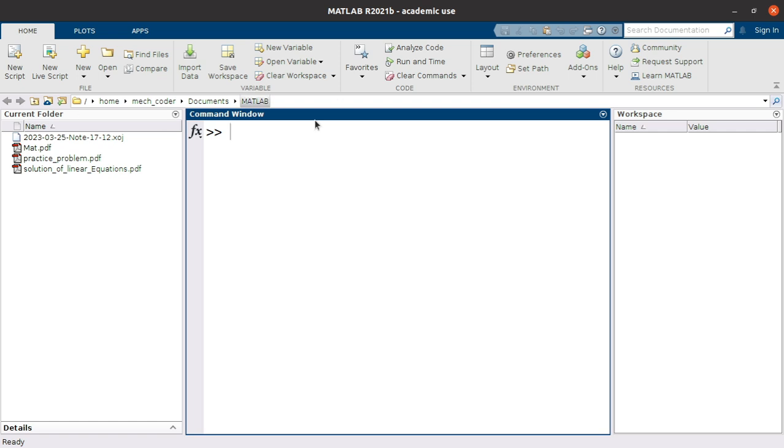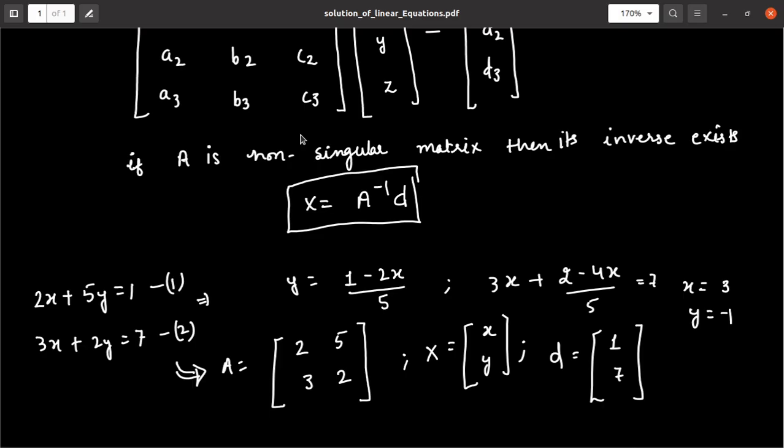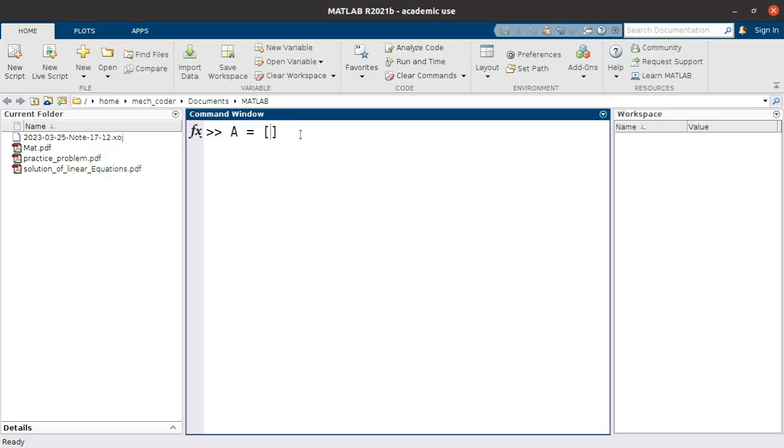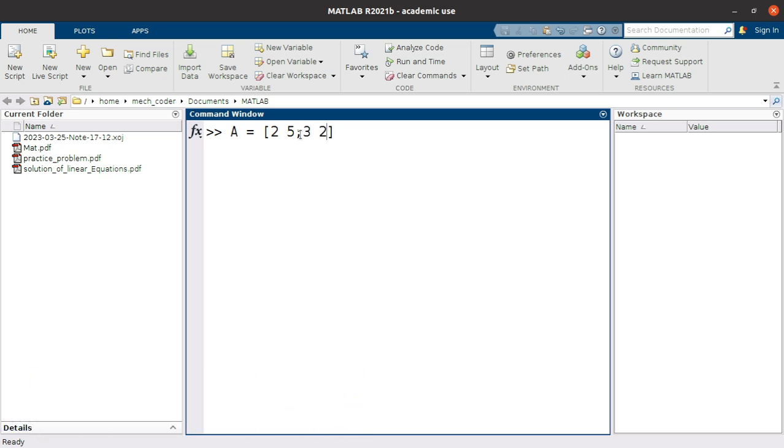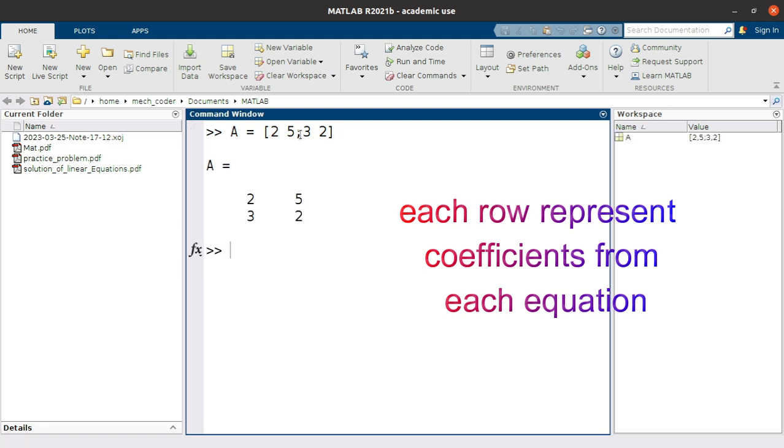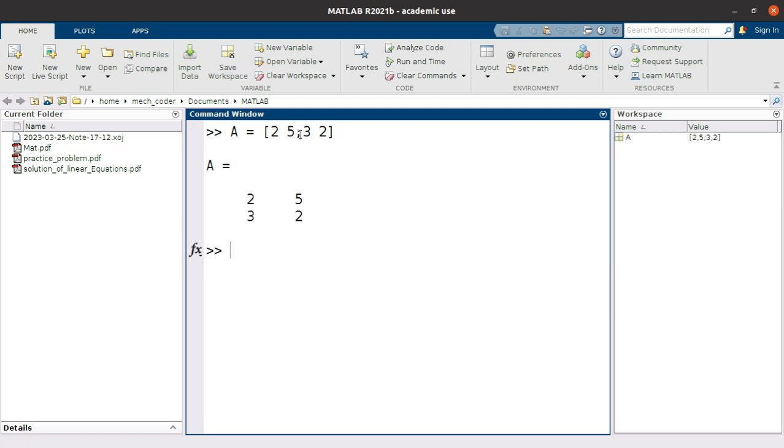So first I am going to create matrix A which contains the coefficients from equation 1 and 2. So matrix A contains elements 2, 5, 3, 2. 2 and 5 are the coefficients from equation 1. Now I will move to the next row and write 3 and 2, which are the coefficients from equation 2. If I press the enter key, matrix A is created.